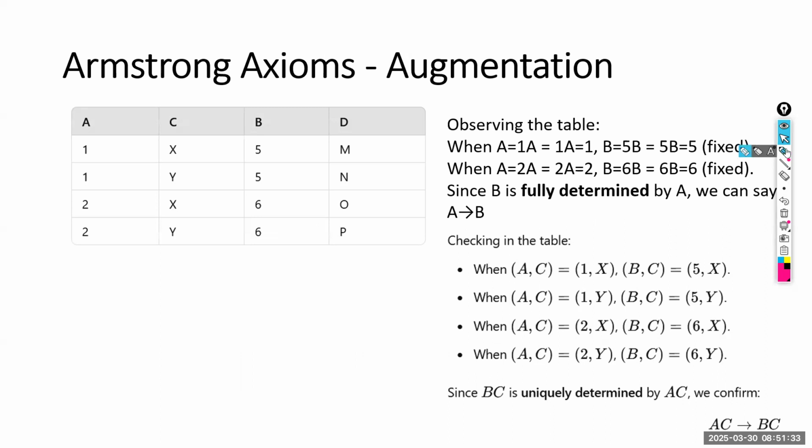Say this is my set of data. Value for A, value for C, value for B, value for D. Okay. Can we say that A determines B?